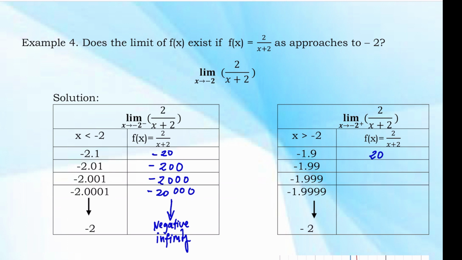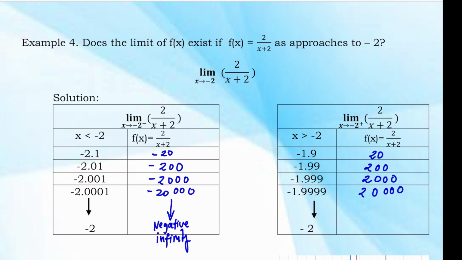And if we're going to use negative 1.99, that will become 200. And if we're going to use negative 1.999, that will become 2000. And if we're going to use negative 1.9999, that is equivalent now to 20,000.